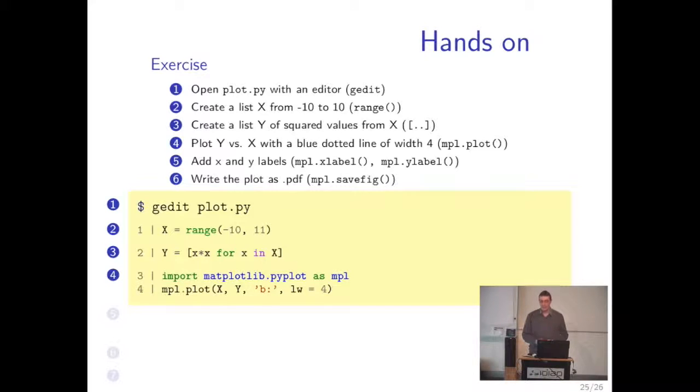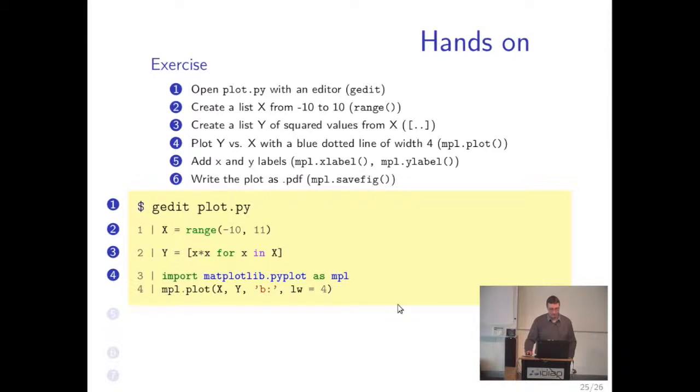When we want to plot, again, we import the matplotlib.pyplot. And there's also a shortcut for importing it and renaming it. You can just say import matplotlib.pyplot as, and then you give a name. That's what I do here. You plot x, y. You specify that you want to have a blue dotted line with line width 4. You can write the line width, or you can use the abbreviation LW.